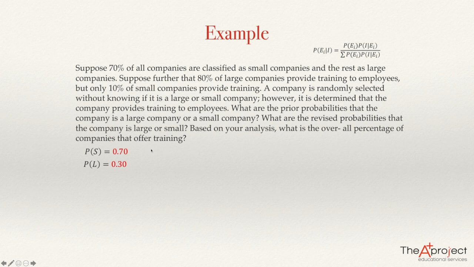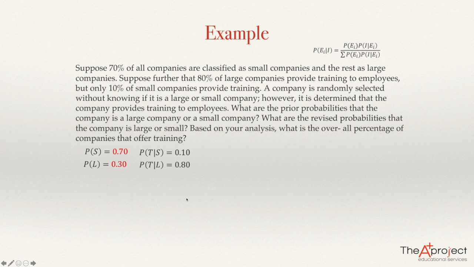So we're going to type here, let's call training T, probability of T given S equals 0.10, and probability of T given L equals 0.80. And now we can use the formula of the Bayes theorem to compute the probability that the company is large given that it provides training, or the probability that the company is small given that the company provides training.